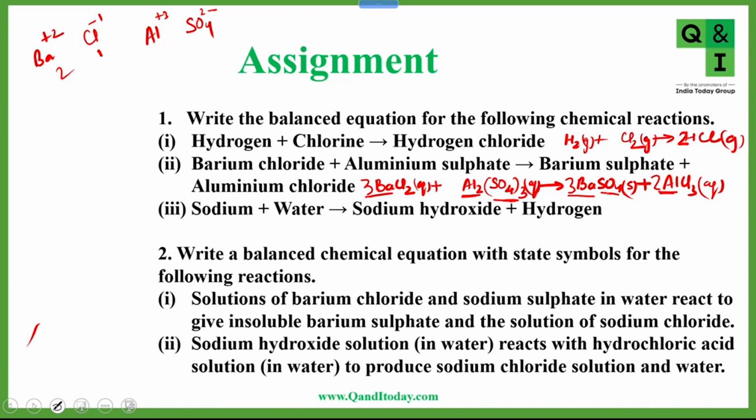Next one, sodium plus water giving me sodium hydroxide and hydrogen. What should be the reaction? Can you tell? Ma'am, is it Na plus H2O gives NaOH plus H2?